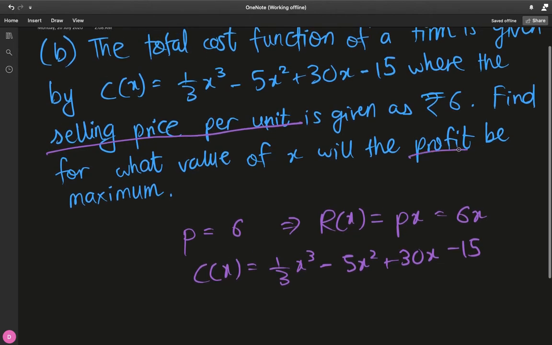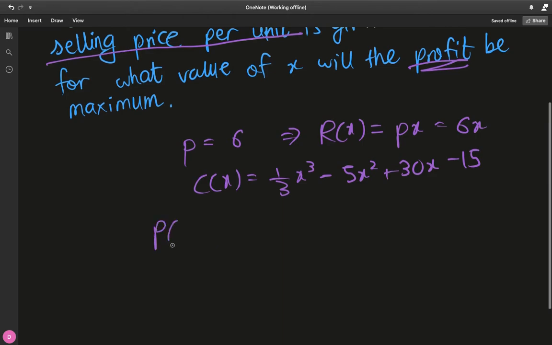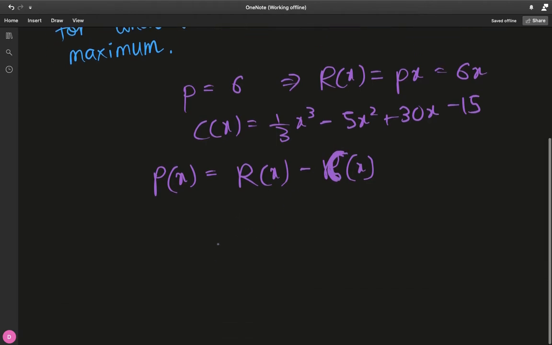And it looks like we need the profit function. That's what we want to maximize. So profit is revenue of x minus the cost of x. So revenue turned out to be 16x minus 1/3 x cubed minus 5x squared plus 30x minus 15.